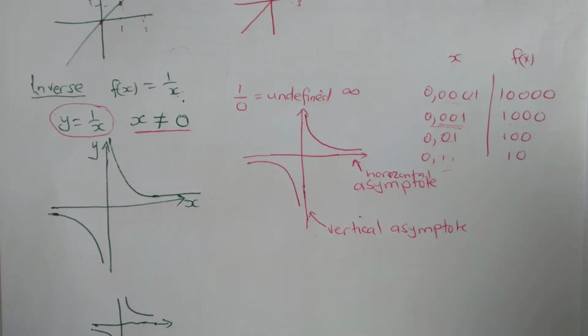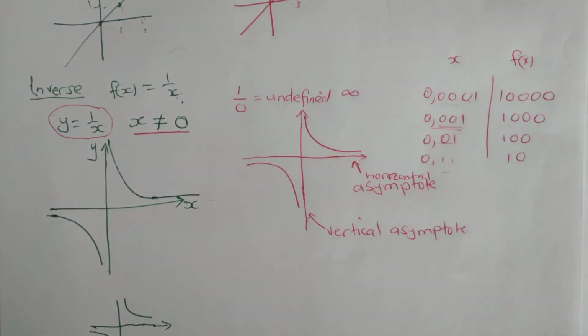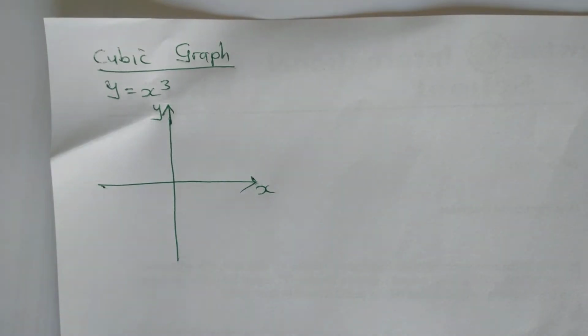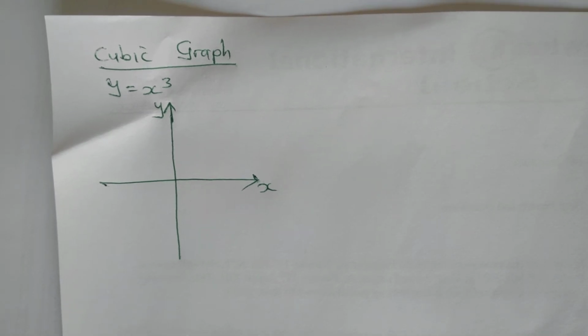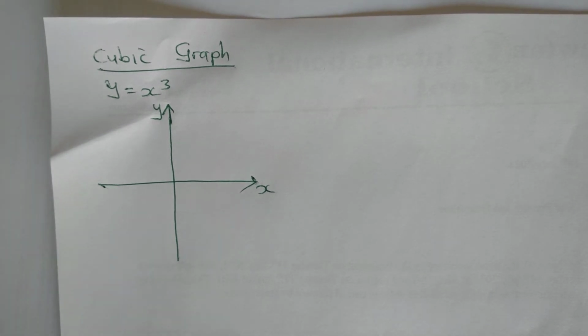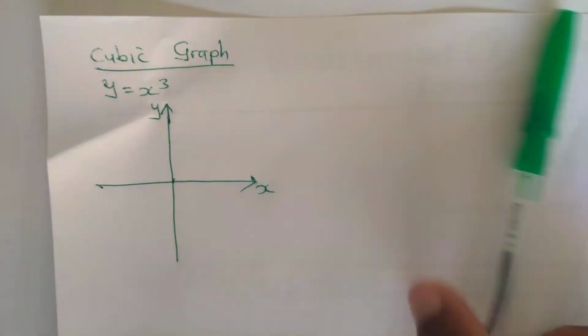So we're going to move to other graphs. The next graph that we're going to look at is a cubic graph. A cubic graph is represented by y equals x cubed. And we know that when x is 0, y is also 0.